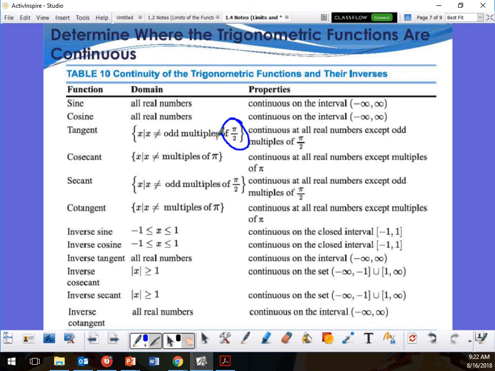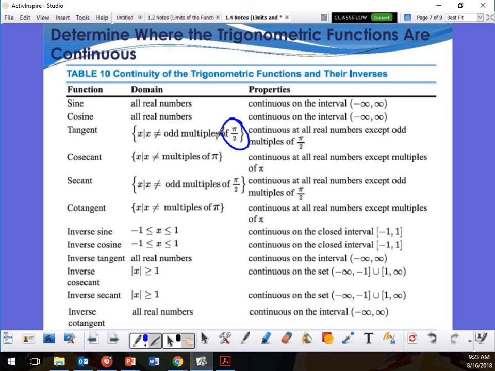Now, we know cosecant is the reciprocal of sine, the 1 over sine. So that means where the sine value would be 0, that's where it would be undefined.